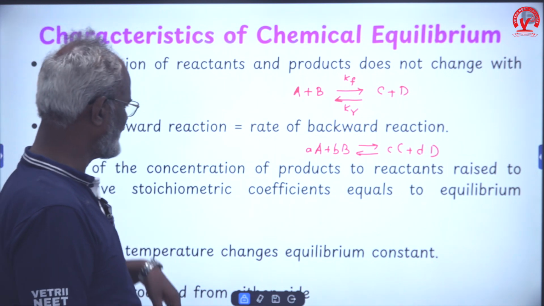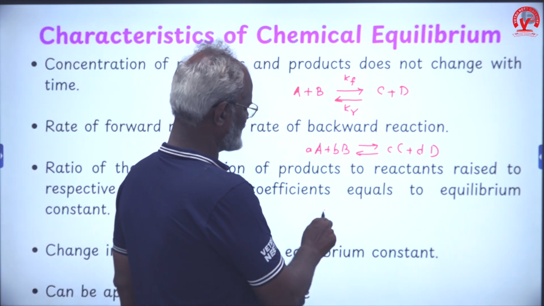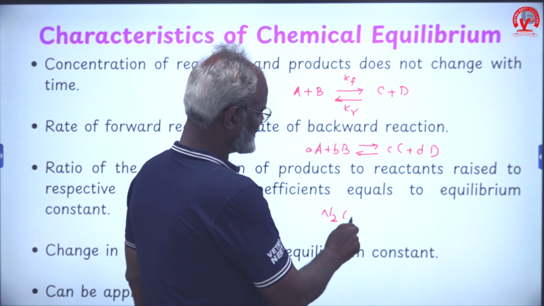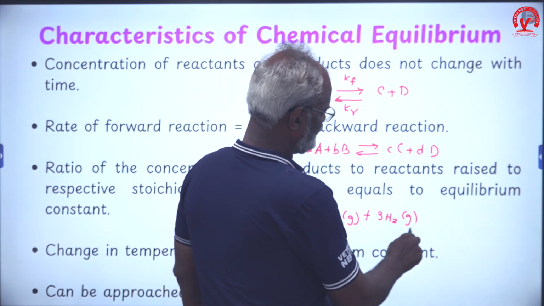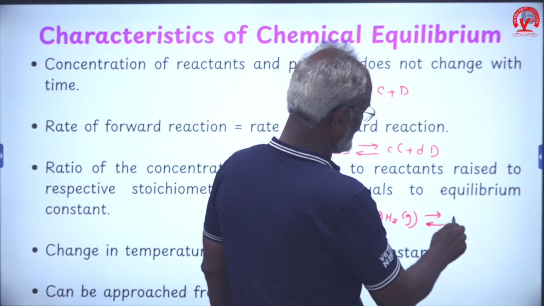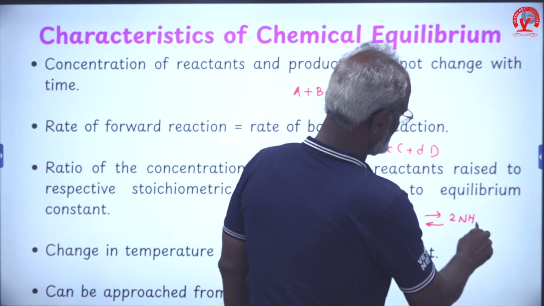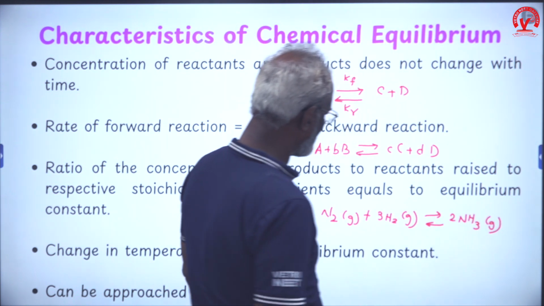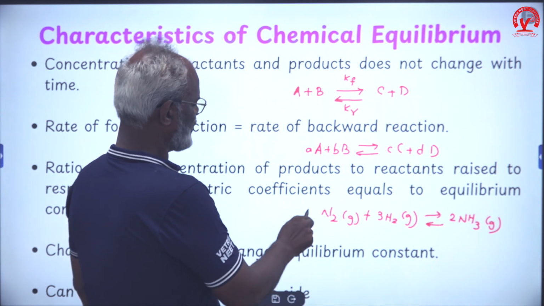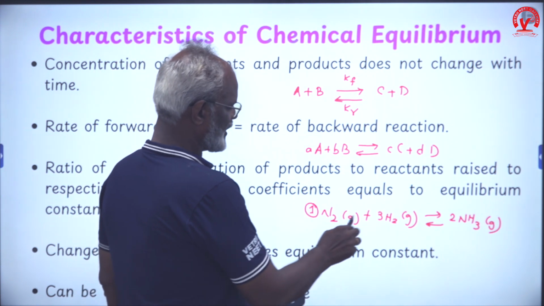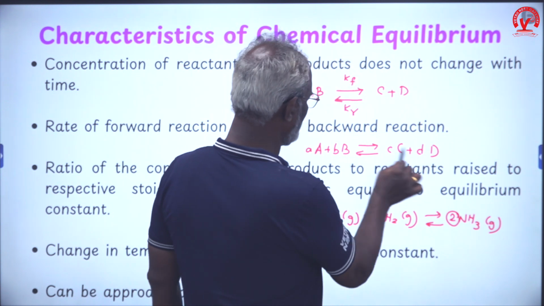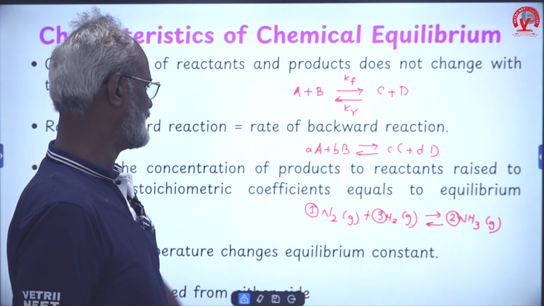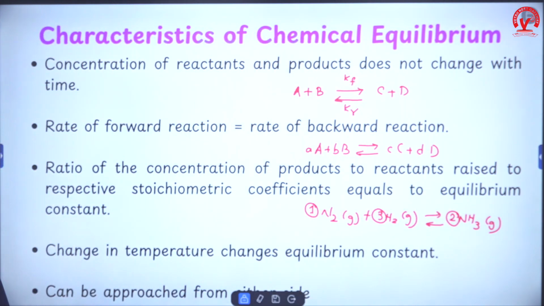For example, take N2 gas plus 3H2 gas, reversibly giving 2NH3 gas. The stoichiometric coefficients are 1 for nitrogen, 3 for hydrogen, and 2 for NH3. So small a, b, c, d represent these stoichiometric coefficients.